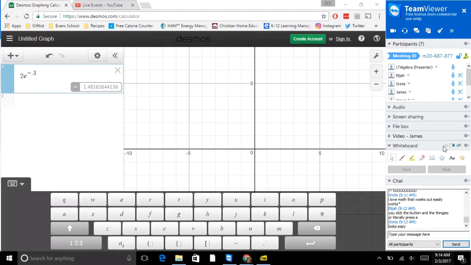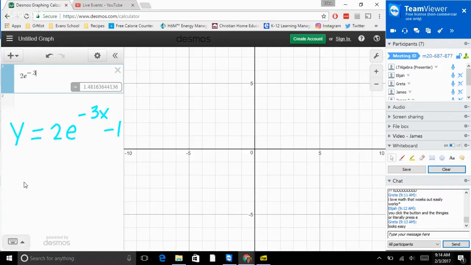Growth or decay based on the equation? Or don't know? The chat pod's not going crazy, so I'm guessing don't know. Greta says decay.